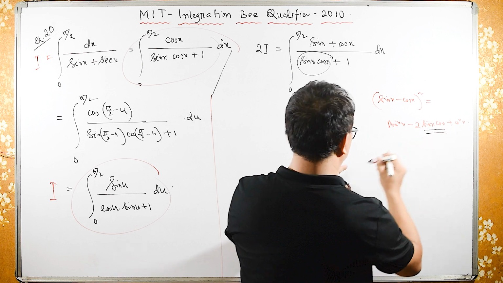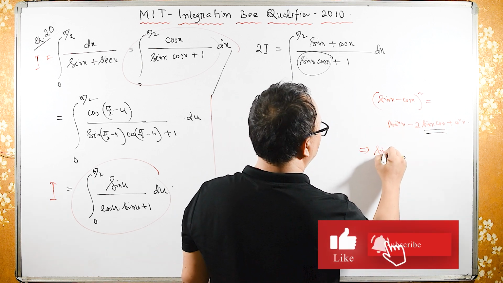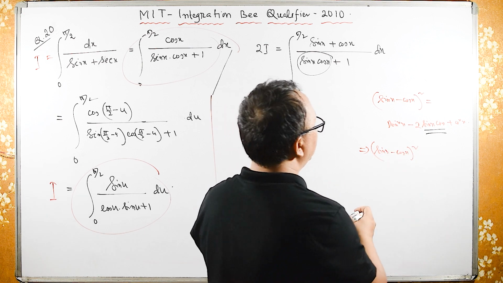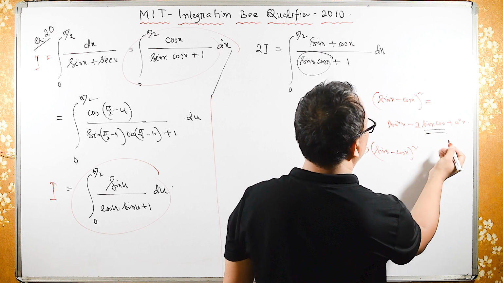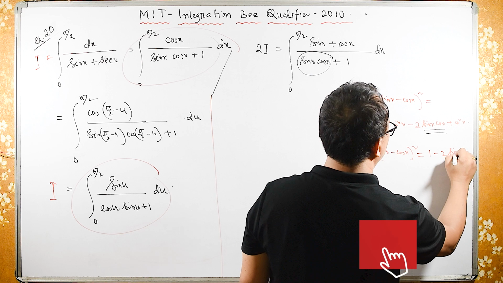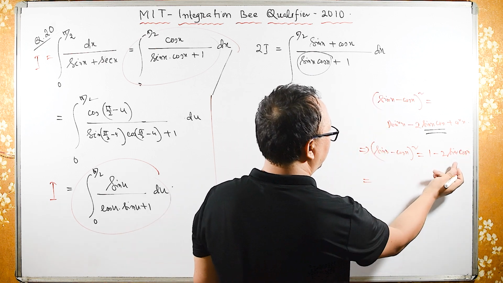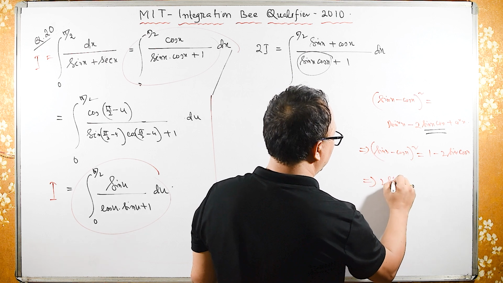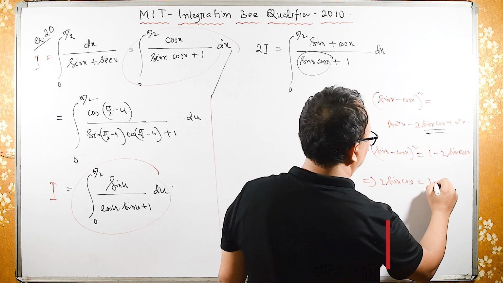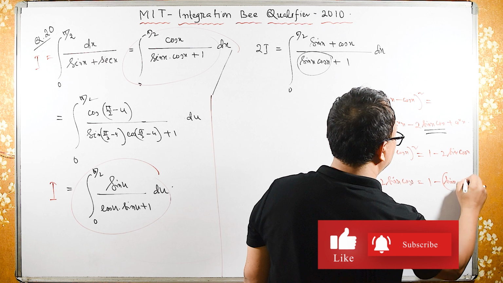Since sin square x plus cos square x is 1, so 2 sin x cos x equals 1 minus sin x minus cos x the whole square.